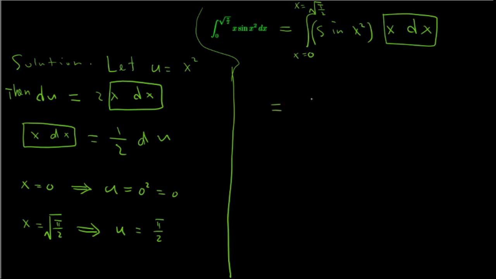This function, sine of x squared, in terms of u is sine of u. The stuff in the box is half of du. I'm going to put the constant factor in front of the integration notation. Anybody want to guess the new lower limit? That's 0. In this new integral of u, these two limits, lower limit and upper limit, are supposed to be u values.